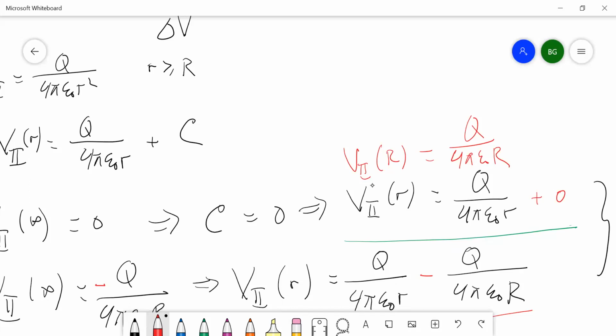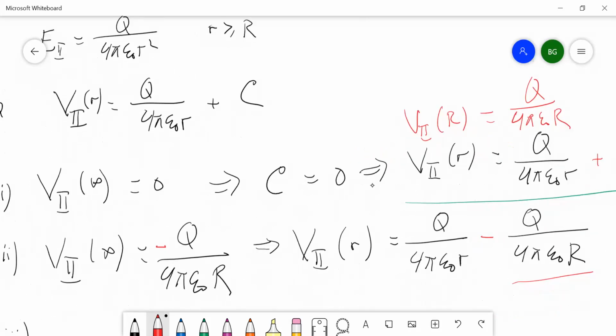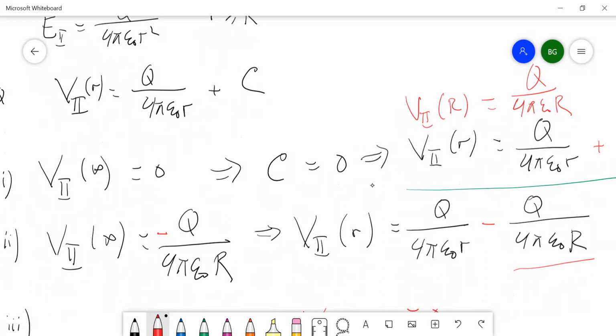So this is the first case. The second case, for example, if we take this V2 at infinity to be minus Q over 4 pi epsilon 0 capital R, this is also a constant, which is non-zero.